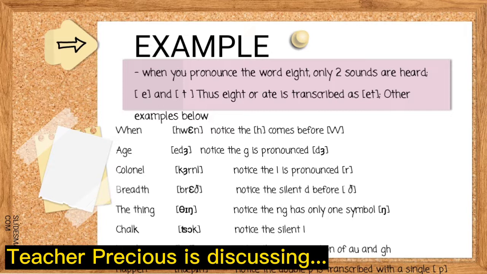Notice the silent D before the. The thing. Notice the NG has only one symbol. Chalk. Notice the silent L. Laugh. Notice the pronunciation of AU and GH.